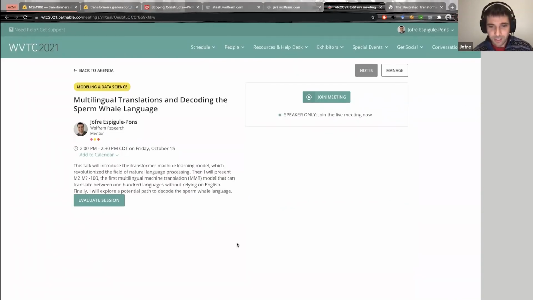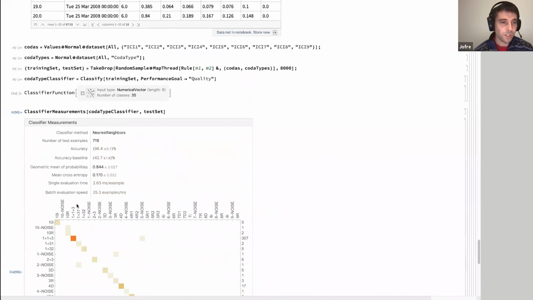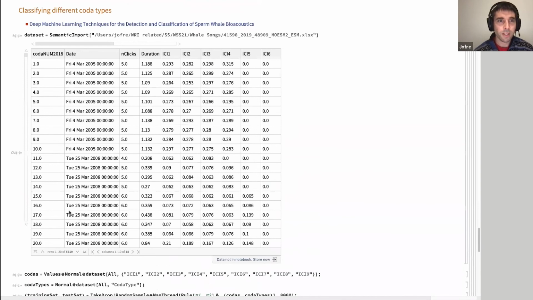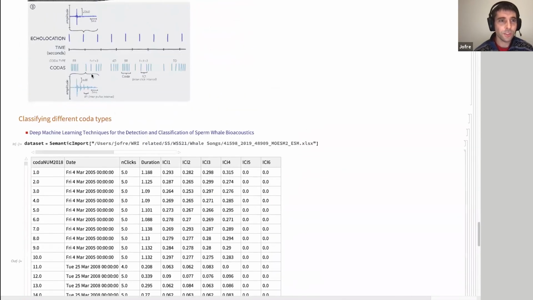So John Castle is asking: were there any observations about the meaning that came from the classification you obtained? There were some observations. I recall one of the codas, I think it's the 1+1+3, that they discovered was mainly used as a sort of greeting to each other, like saying good morning or good afternoon, or something like this.